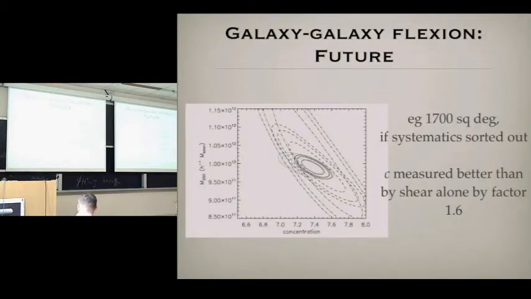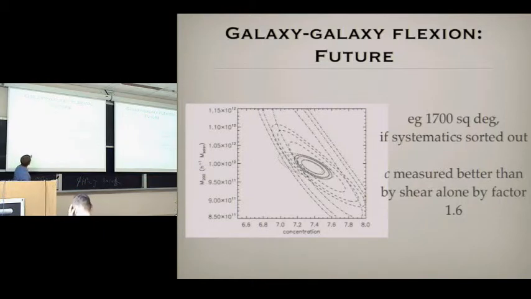So, assuming that we can sort out these systematics, these multiplicative concerns, or understand the physics that would need to go into it to make the model better, then we could look at what sort of accuracies we would get for a measure of mass versus concentration for galaxies in the future. Here's an example where we've calculated it for 1700 square degrees.